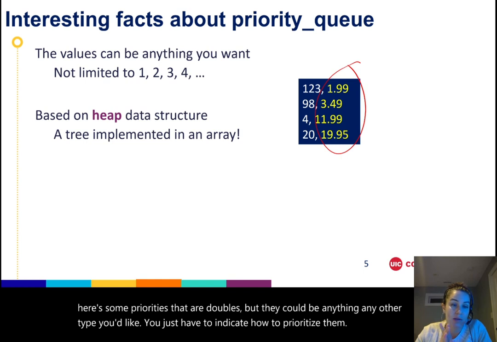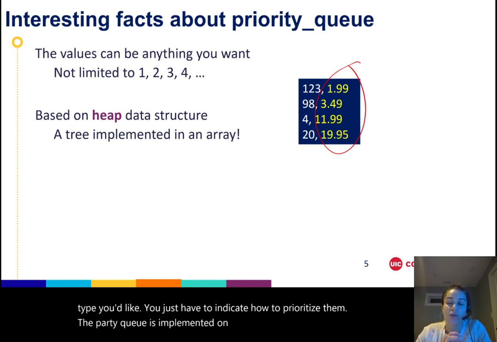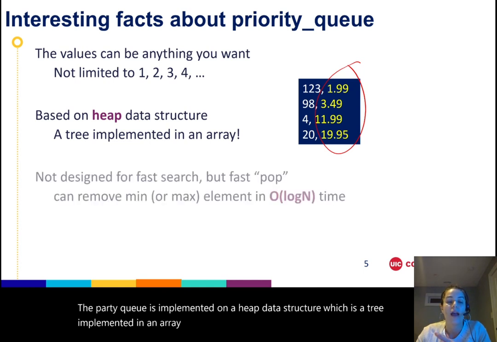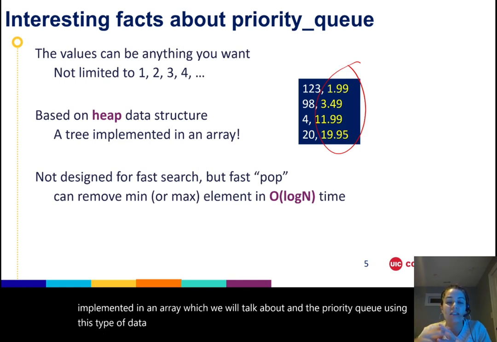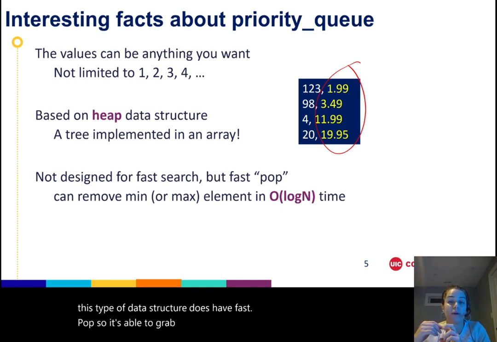The priority queue is implemented on a heap data structure, which is a tree implemented in an array, which we will talk about. And the priority queue using this type of data structure does have fast pop. So it's able to grab that first element in the priority queue efficiently. It's still log n time.